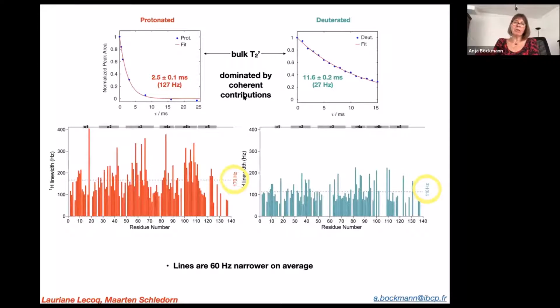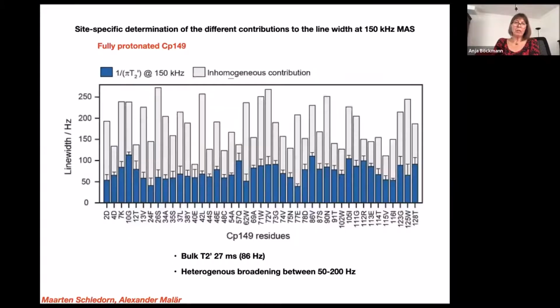It is still dominated by coherent contributions, so you get really a narrow line due to the dilution of the proton coupling network. We also measured that in a site-specific manner. You see that on average, you get 170 Hertz line widths on the protonated sample, and on the deuterated one you lose quite some, which is a good thing. You go down to 110 Hertz. So the lines are about 60 Hertz narrower on average, which is very useful.